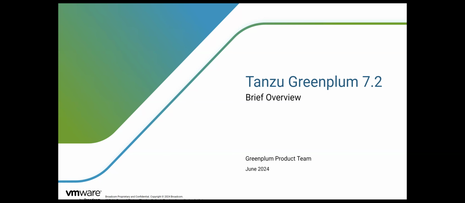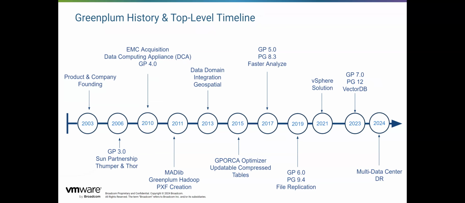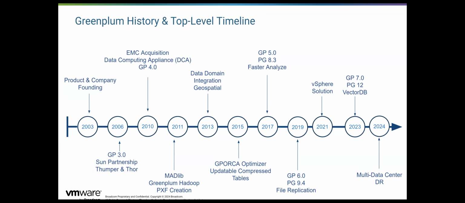All right. Before we get into the 7.2 release, just to give you a recap on the journey we've been on. Venky and I have both been on the journey along with a whole number of our colleagues for a long time. Greenplum started back in 2003. Some of the key highlights were the introduction of our in-database machine learning based on Apache MADlib in 2011.